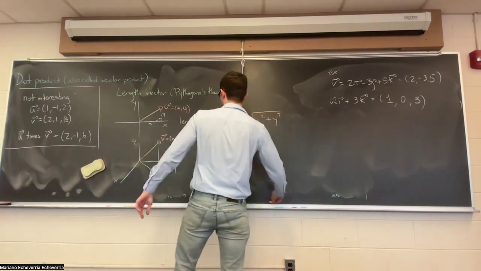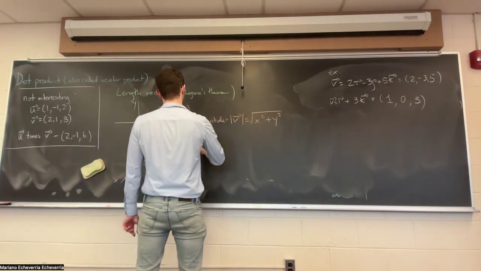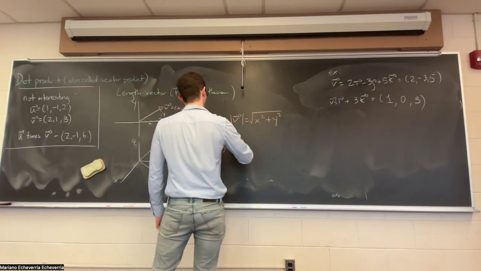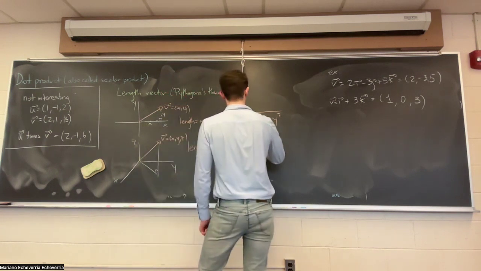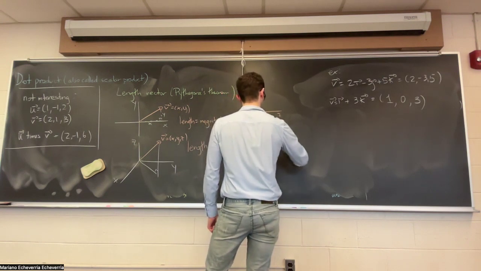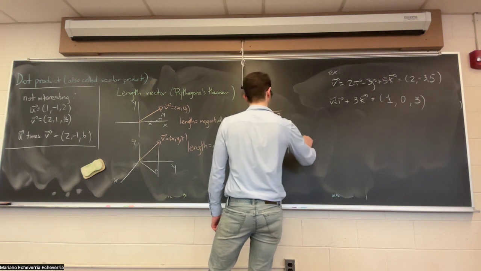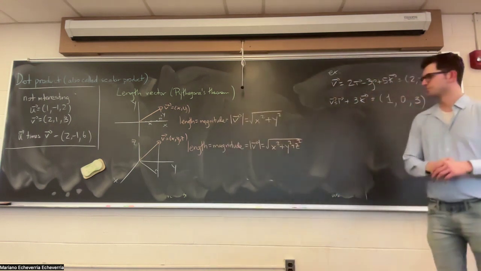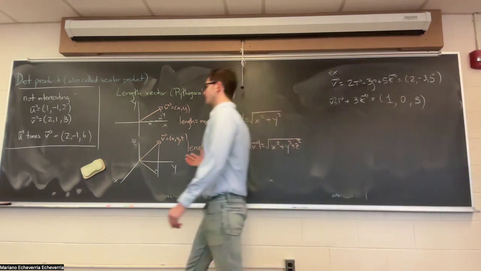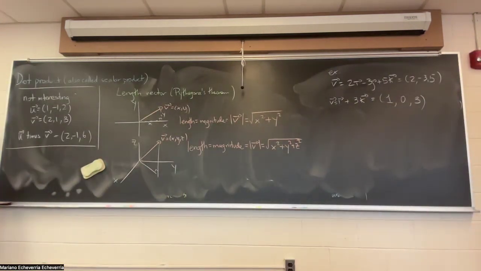And I'll just write the formula for what you get. So the length of a vector is like the length of a hypotenuse: you square the entries, add them together, and then take the square root of that.